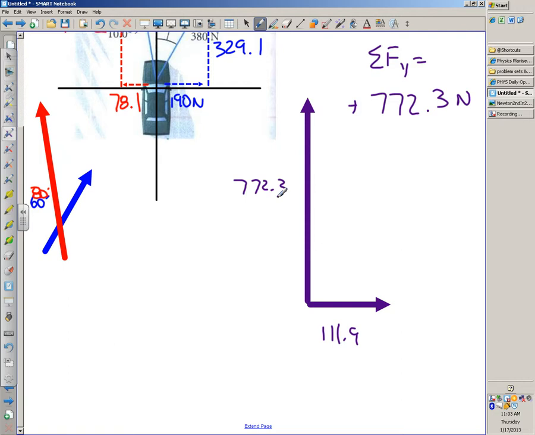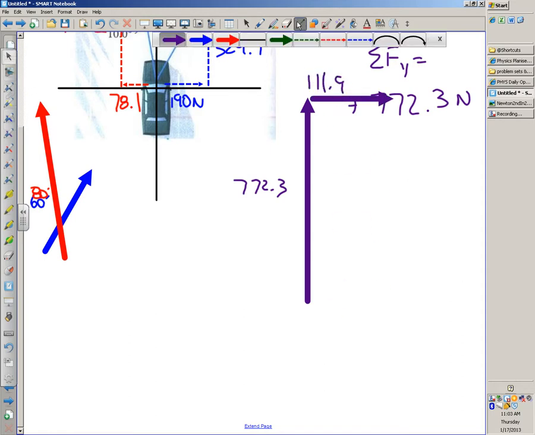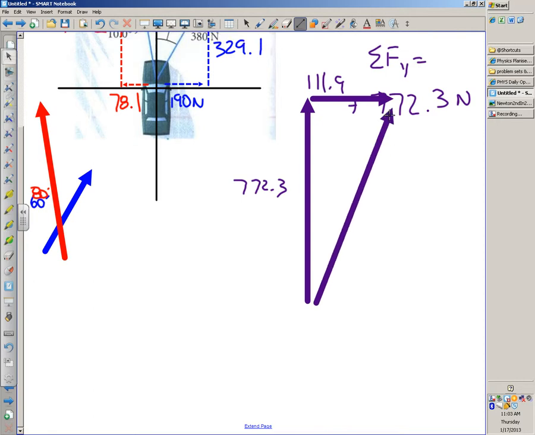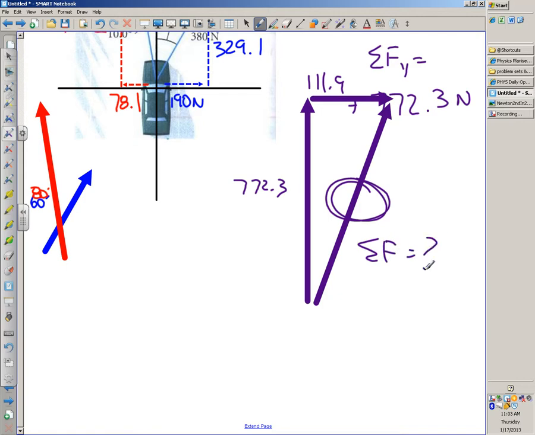So here, we can't actually find the resultant the way those 2 are set up, right? We've got to make ourselves kind of like a triangle like this. This goes here, and that means this one is actually the net force. Alright? Do you have to flip it like that? No, you can actually do it the other way too. Okay?